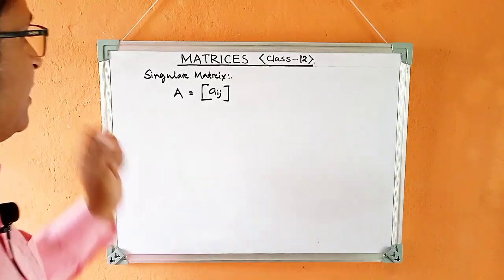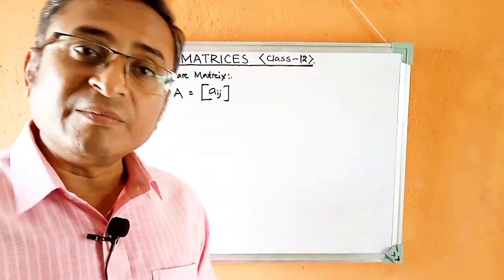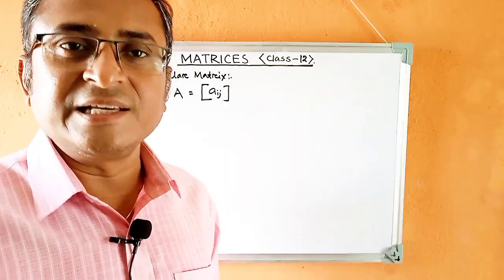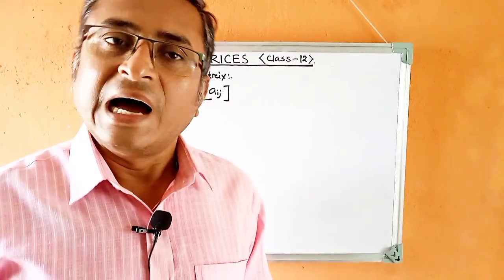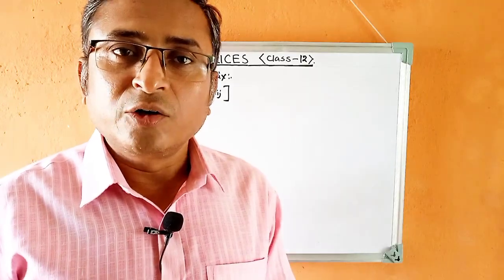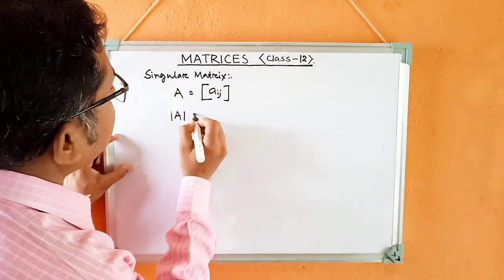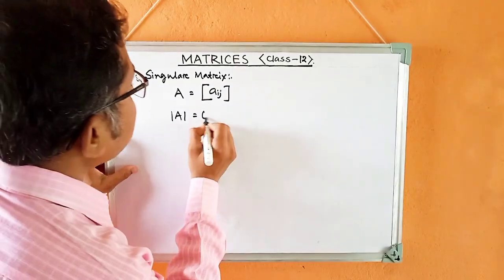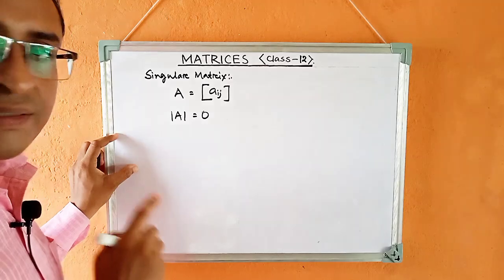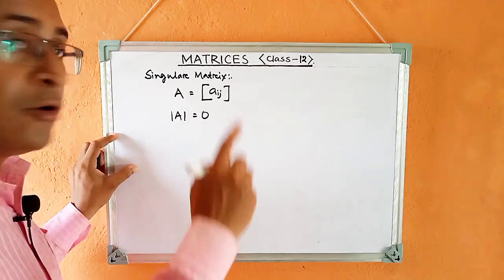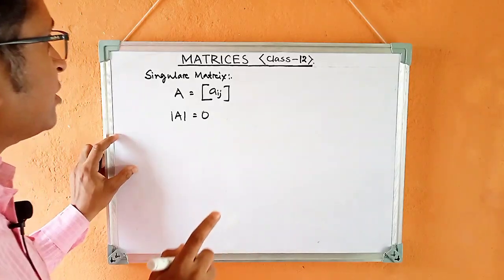If for a given square matrix A, the determinant of A is equal to 0, then the matrix is called a singular matrix. Otherwise it is called a non-singular matrix. That means if the determinant of A is equal to 0, the matrix is singular. Otherwise, determinant A not equal to 0, and the matrix is called non-singular.